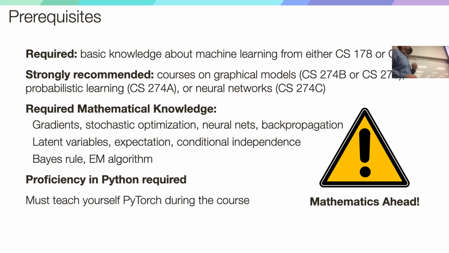And just to get a feeling of what kind of math you might need, we'll certainly talk about stochastic gradient descent, neural networks, backpropagation, latent variable models, expectations, conditional independence, Bayes rule, and the expectation maximization algorithm. So hopefully all of this is fairly familiar to you. At least you have heard about them and roughly have an idea what these topics are about.